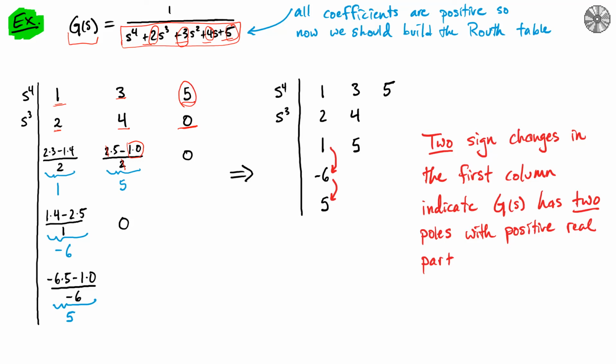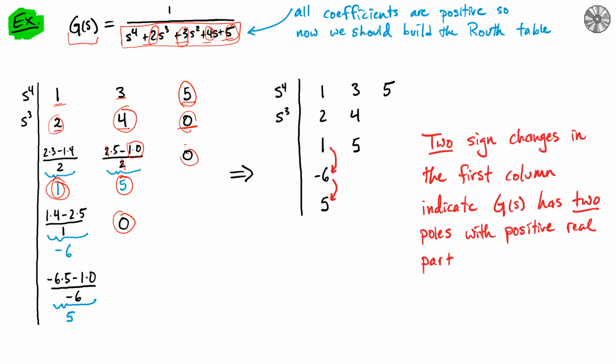That's how you start introducing further zeros into the Routh array. On the next line, we do the same process, taking the first and second columns. We take 1 times 4 and subtract 2 times 5, and then put it over 1, and that's minus 6.